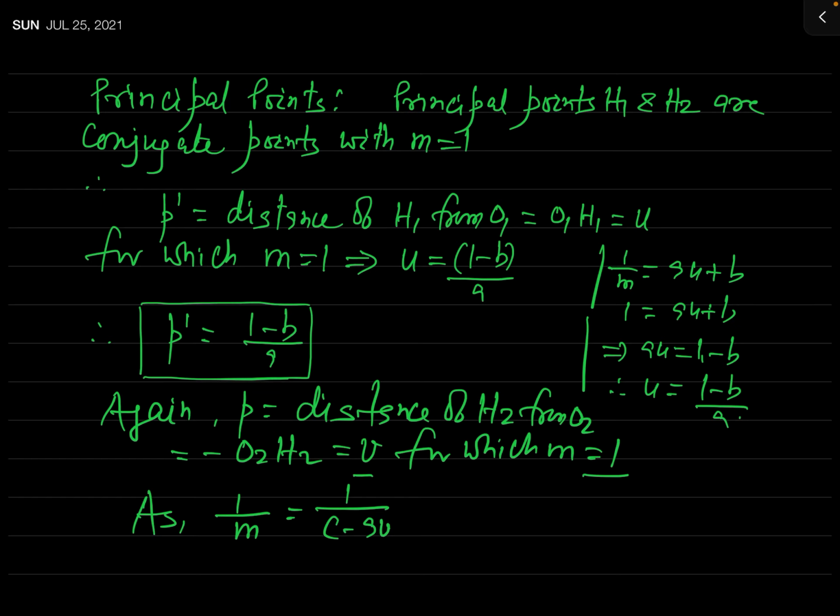So when we take m equal to 1, then c minus ab will be simply equal to 1, and we take m equal to 1 according to the definition of the principal point to get the value of v. So ab equals c minus 1, and therefore v is c minus 1 over a.